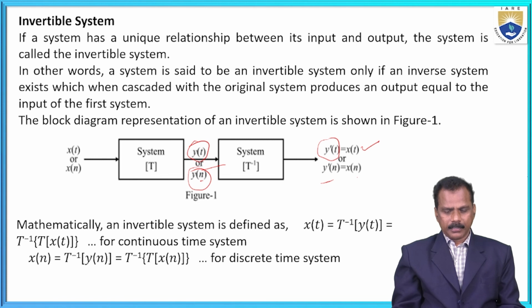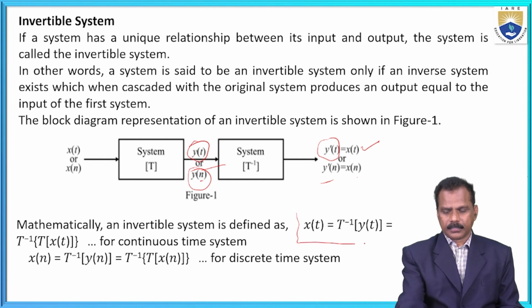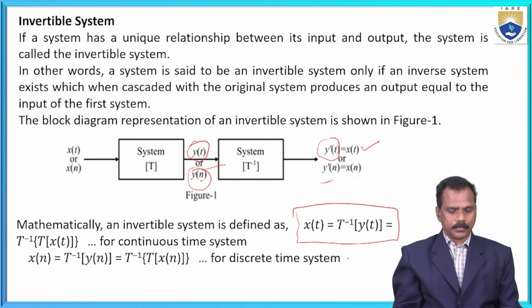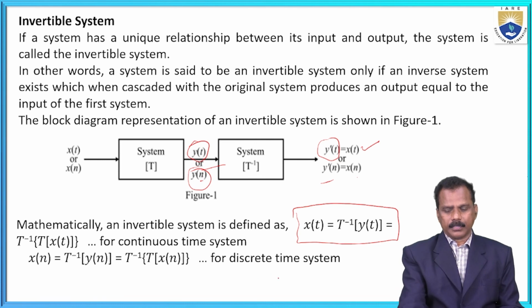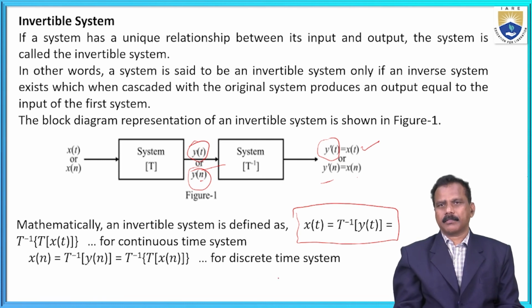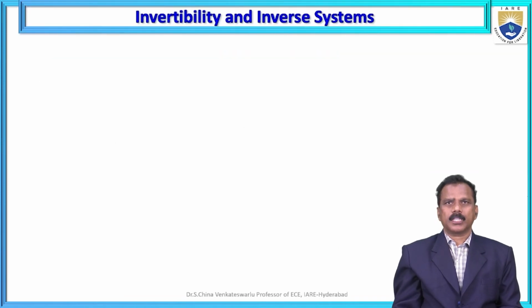Mathematically, an invertible system is defined where x of t is equal to T inverse of y of t, and similarly for the discrete time system. Like this, invertibility and inverse system.